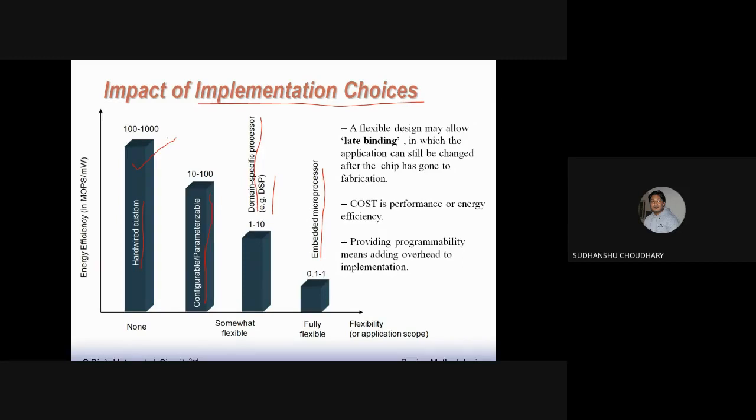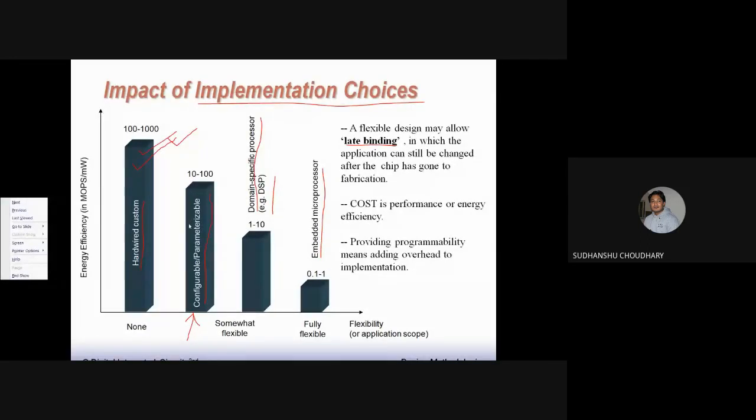That can be brought down if you follow this design methodology, right? However, parameterizable or configurable is obviously more flexible, since it permits late binding. Late design changes are permissible in the configurable or parameterizable approach. So it is more flexible.